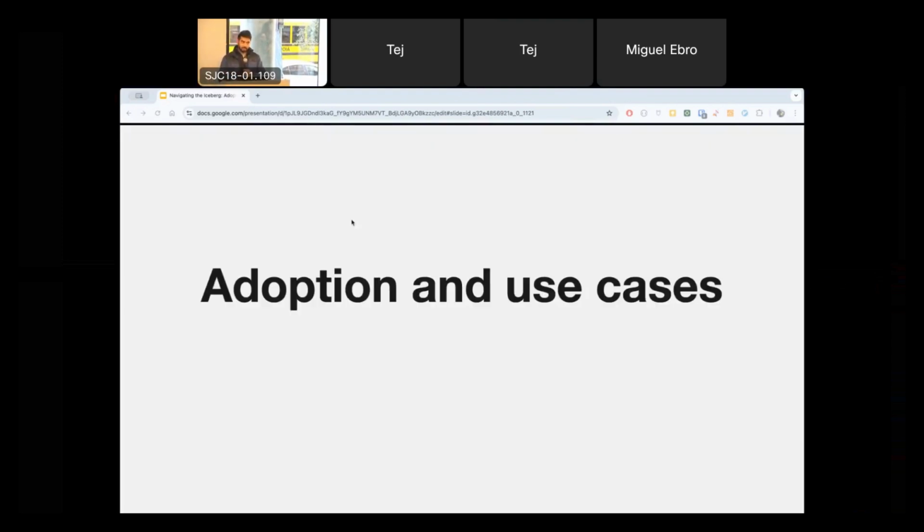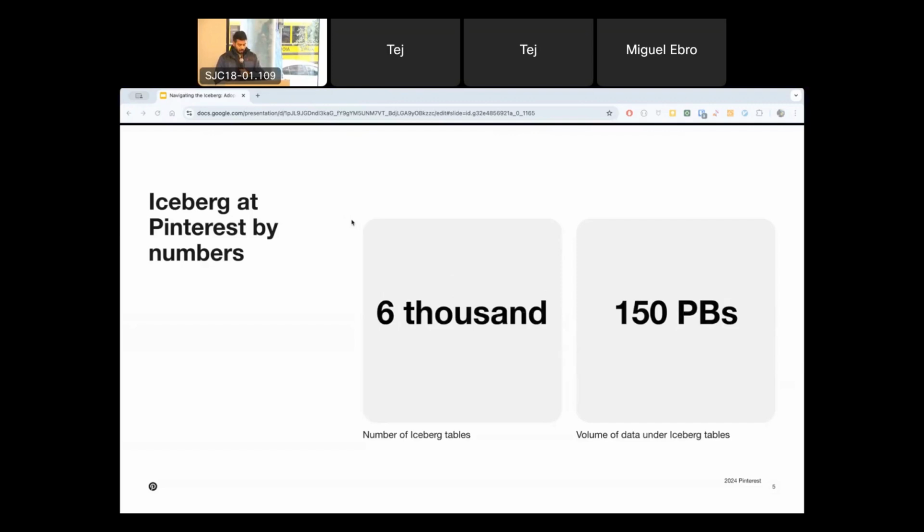Right. So the meat and engagement part of this presentation is going to be adoption and use cases. Today, we have around 6,000 tables in Iceberg. And in these 6,000 tables, there are around 150 petabytes of data.